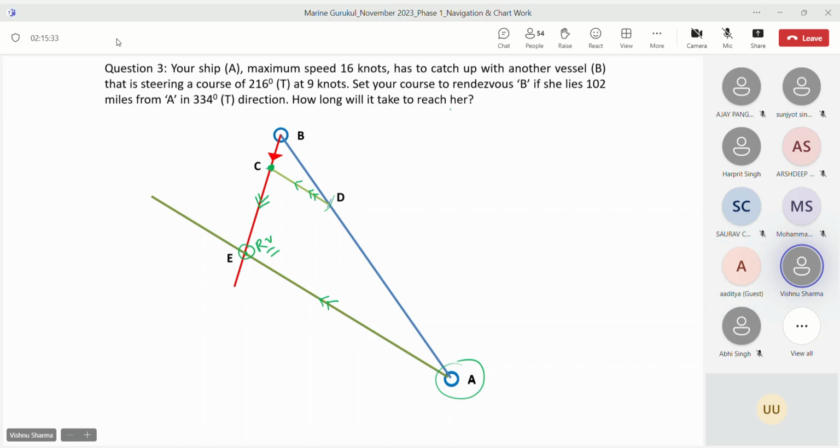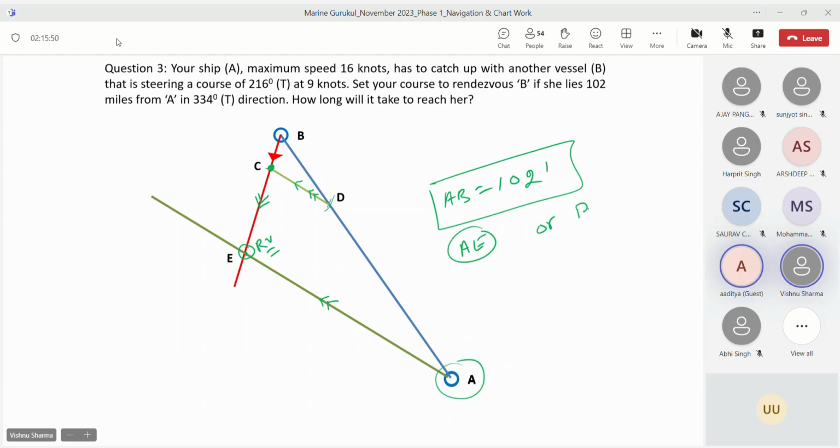How long will it take? Whatever scale you have chosen, if AB represents 102 miles, using the same scale, you can measure either AE or BE. BE is the distance to be made good by the target.